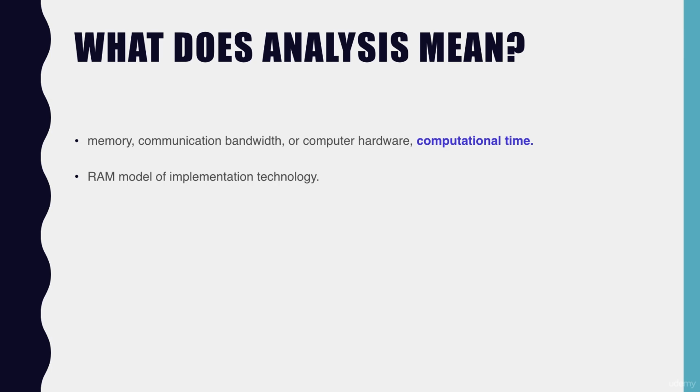Before we can analyze an algorithm, we must have a model of the implementation technology that will be used, including a model for the resources of that technology and their costs. For most of this course, we shall assume a generic one processor random access machine model, which is the RAM model of computation, as our implementation technology, and understand that our algorithms will be implemented as computer programs.